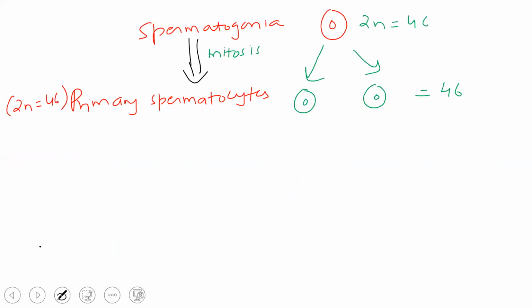Meiosis 1 is a reduction division, as you know.